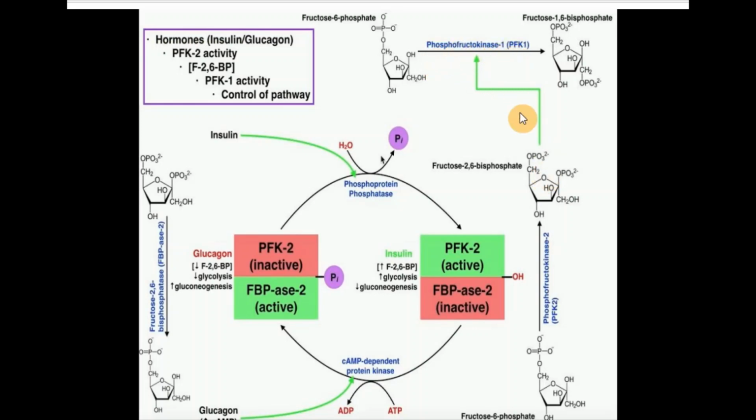Phosphofructokinase 1. So, at any point where you have a limited amount of fructose 2,6 bisphosphate, PFK1 is going to be inactive. Bear in mind, PFK1 is found in glycolysis, but PFK2 and the phosphatase, the two bifunctional enzymes, are not found in glycolysis.